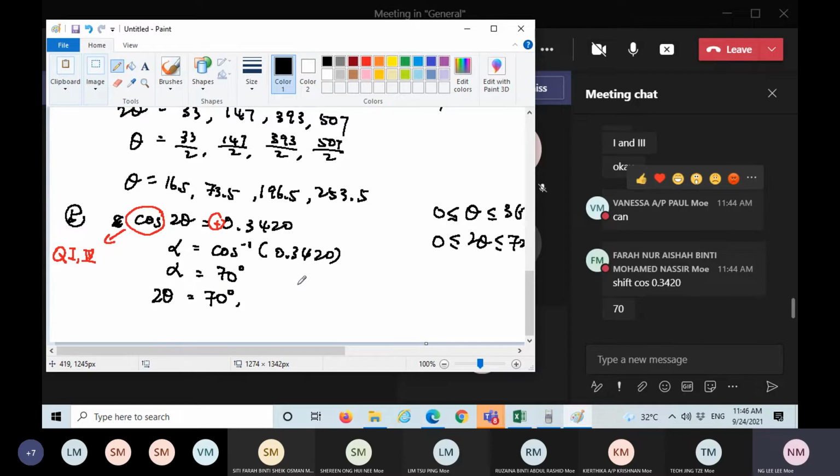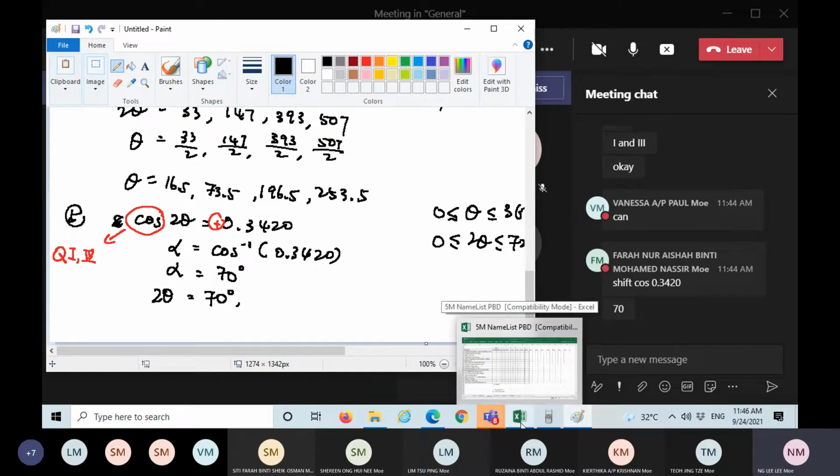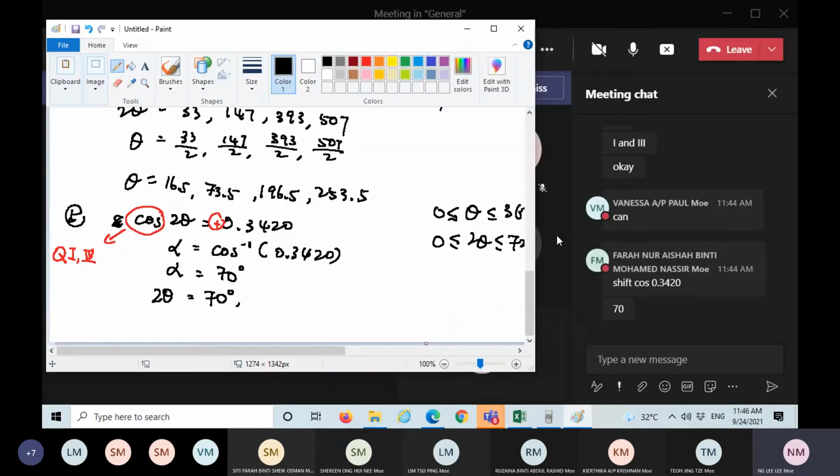How to find the fourth quadrant angle? Tell me how to find that fourth quadrant angle. 360 minus 70. Okay, your answer is 290. Thank you.